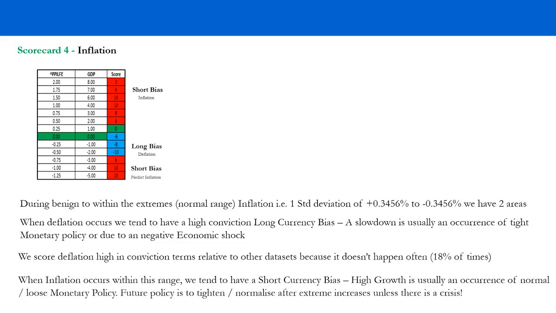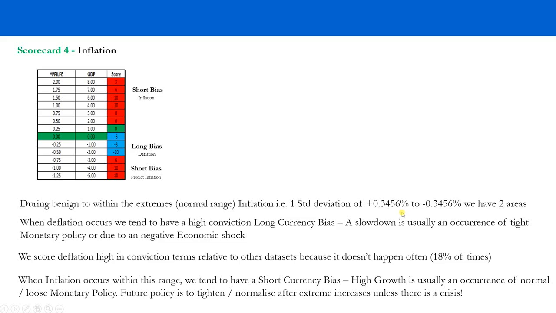And our scorecards work very similar to previous examples. As you can see, during benign to within the extremes, so normal ranges of inflation, so plus and minus 0.34%, we have two areas. We have our long bias area and our short bias area.